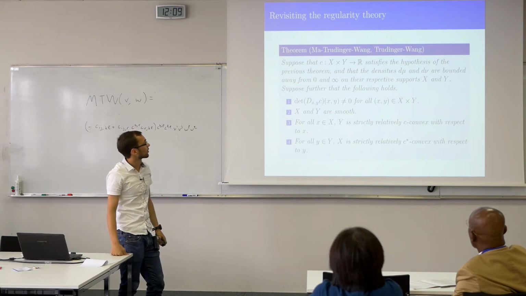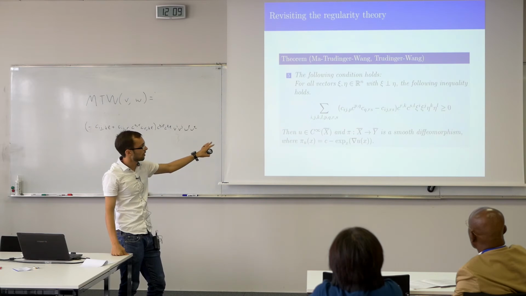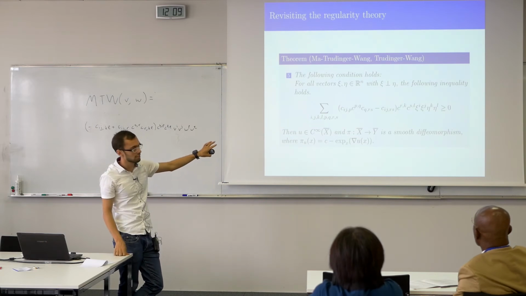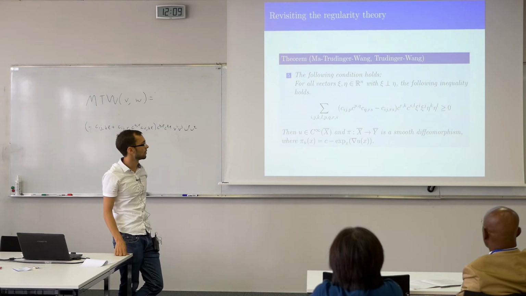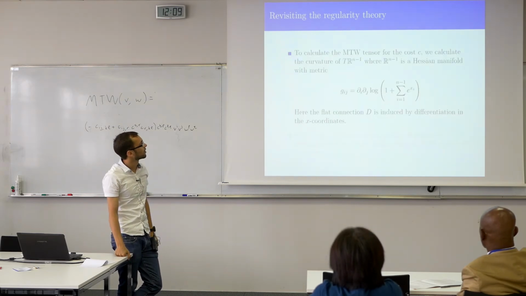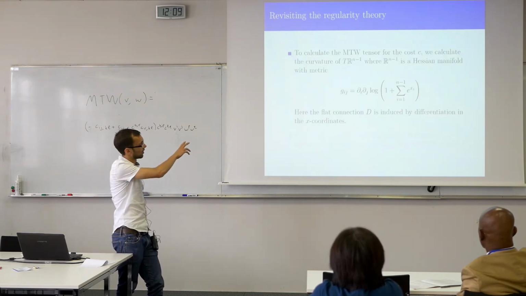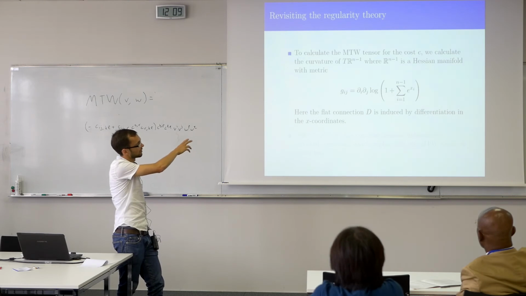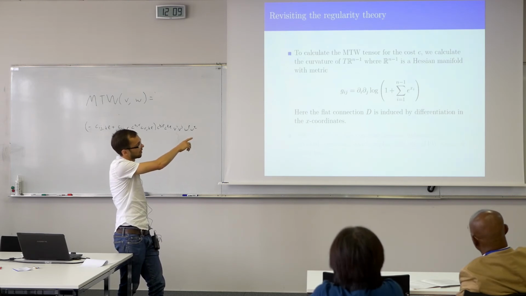Okay, so as I said, first things first, let's consider the MTW tensor. So we're going to consider R^n, take its tangent bundle, and on the R^n put the following Hessian metric.